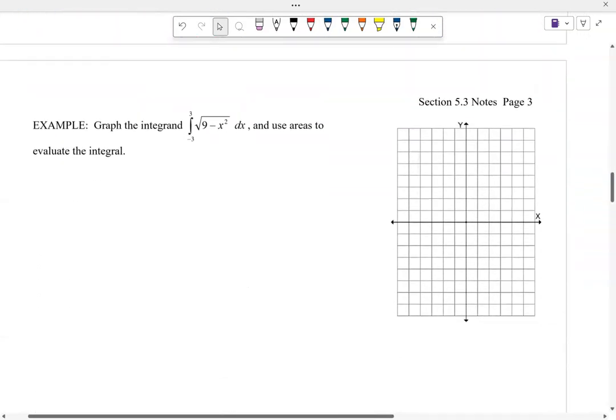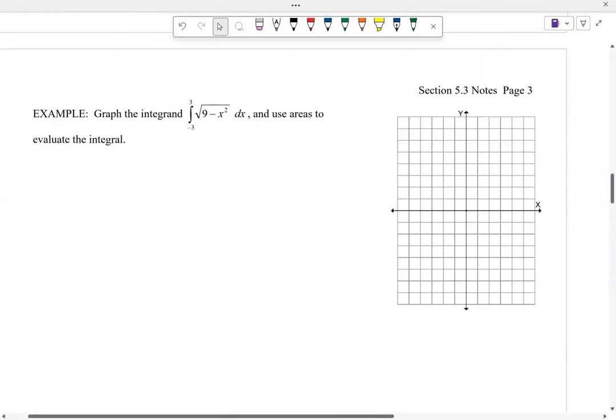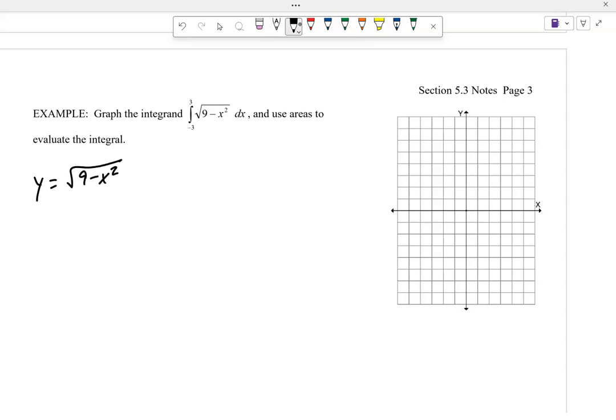Let's do another one here. The square root of 9 minus x squared. And let's look at that for a minute. So here's our function, the square root of 9 minus x squared. Maybe you're not quite sure what that looks like. Let's think about that in terms of geometry again for a minute. What if I squared both sides? Now I know this does change it, but I would have y squared equals 9 minus x squared.